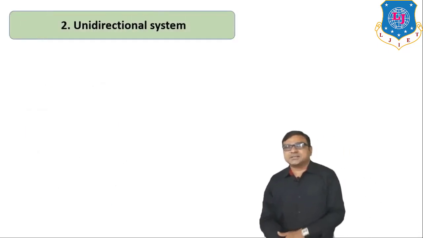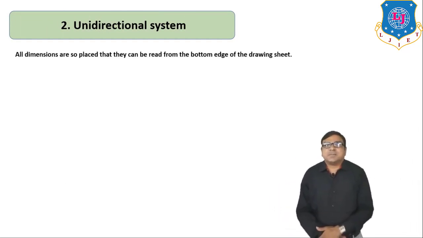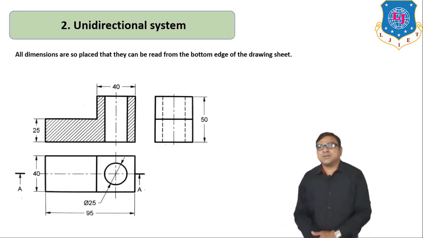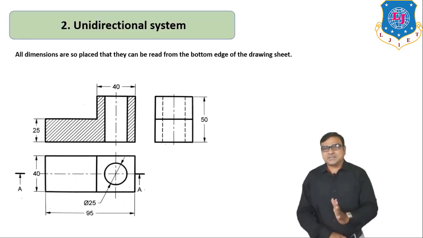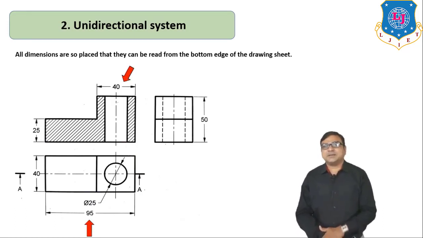Now unidirectional system. In this dimensioning system, all the dimensions are so placed that they can be read from the bottom edge of the drawing sheet. So in the same drawing, the lengths 95 mm and 40 mm are placed in the middle of the dimension lines, and it is always vertical.